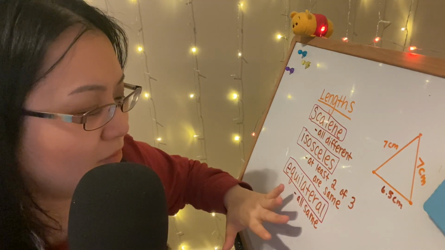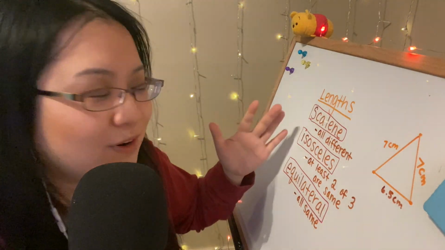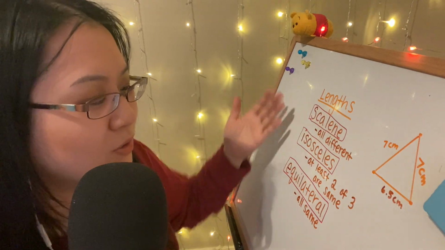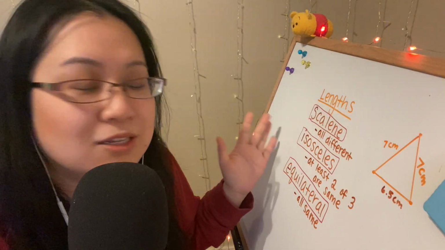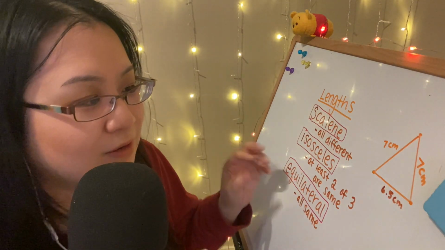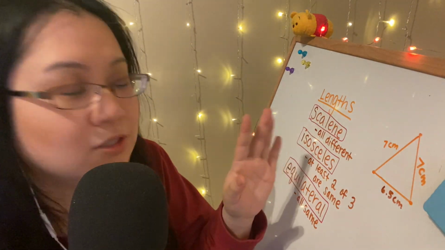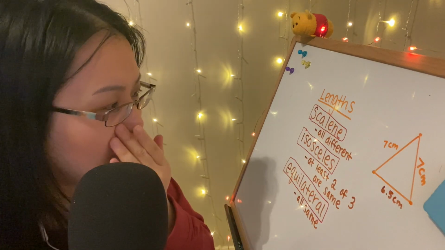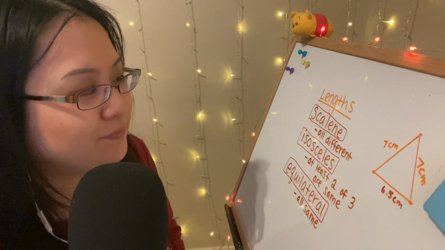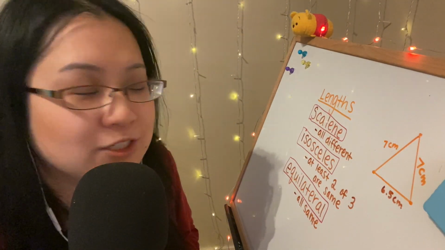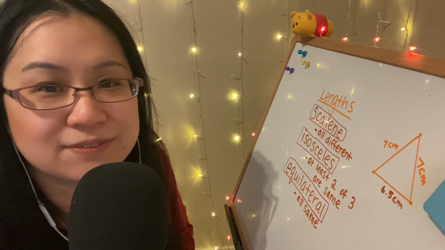So it's the same thing in my mind for equilateral also being isosceles, but it just happens to have all three with the same length rather than exactly two. Okay, so we have classifications by lengths of sides.